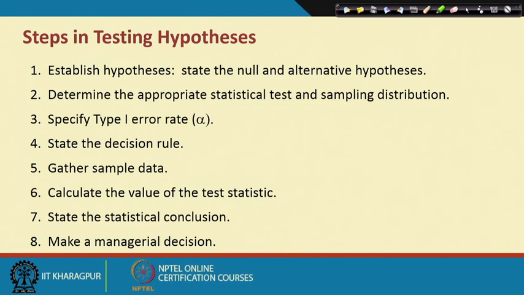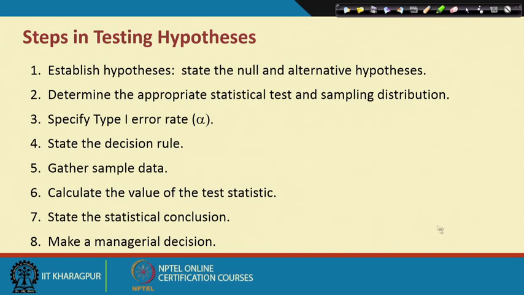Then finally, in the 7th step, we go for a statistical conclusion on the basis of the test statistic and the observation which we have stated in the form of null and alternative hypothesis. And in the last step we take the managerial decision on the basis of the statistical conclusion which we have drawn from the samples and through the sample statistics.